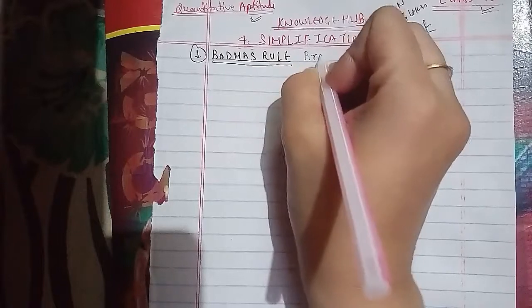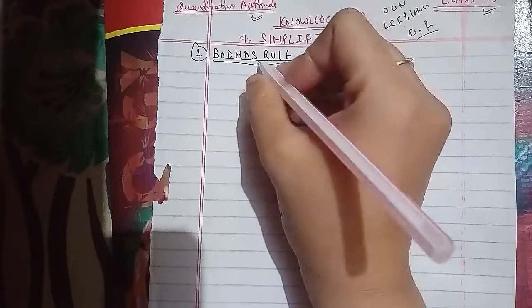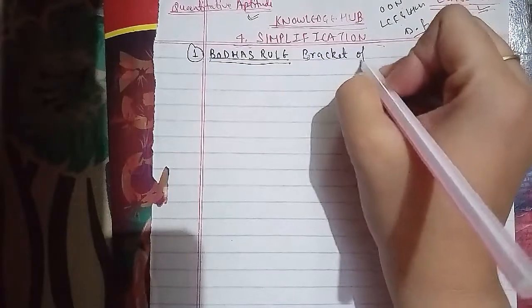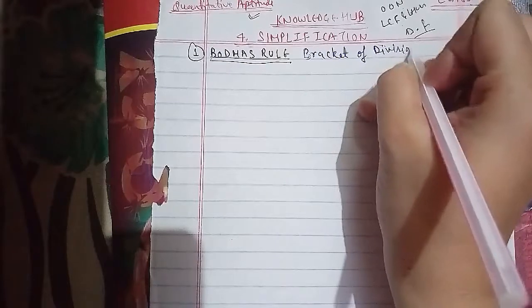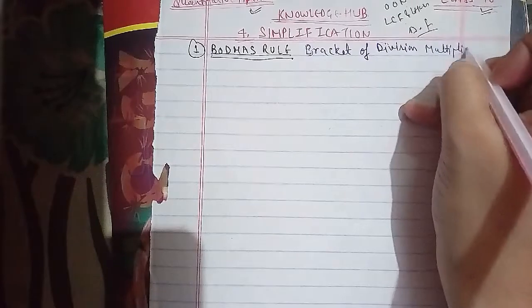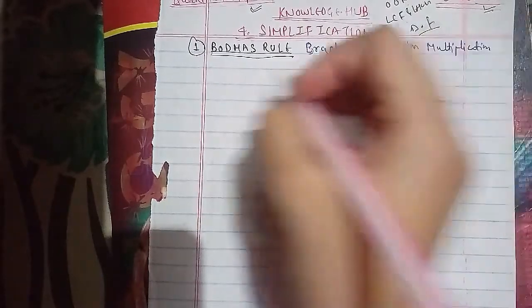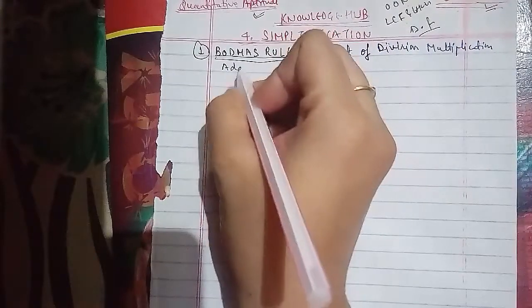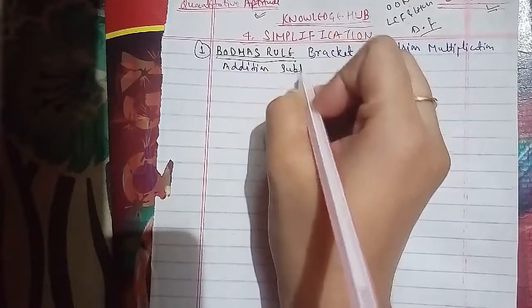So first you have to open the bracket. B stands for bracket, O stands for of, D stands for division, M stands for multiplication, A stands for addition, and S stands for subtraction.